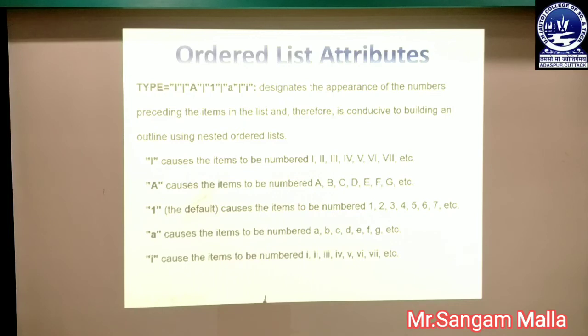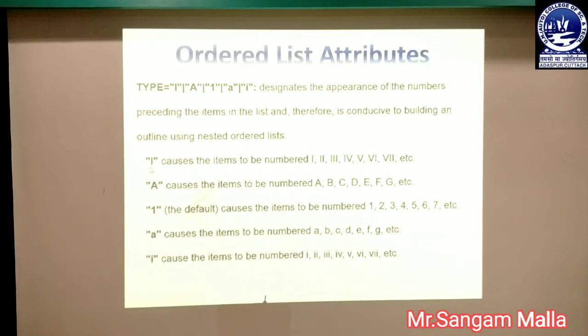It designates the appearance of the numbers preceding the items in the list and is therefore useful for building an outline using nested ordered lists. That means whenever we use any value of the type attribute, it will represent different types of numbers as the bullet to emphasize the text or document in the web page.